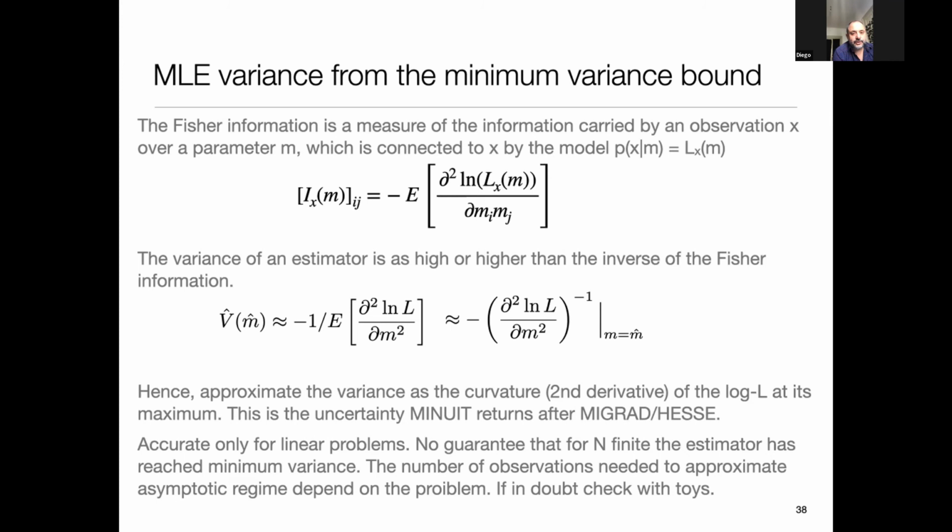Unfortunately, this is not universally applicable. It only works for problems where the likelihood is reasonably Gaussian, and you have no guarantee that your likelihood is Gaussian unless you do the simulation and check it. So you're making an ansatz here.